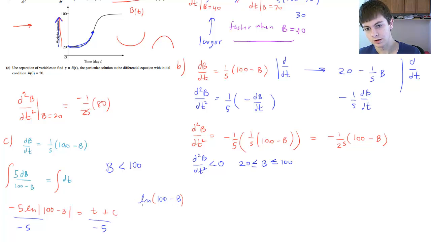And so ln of 100 minus b equals negative t over 5 plus some other constant, c sub 2, since you're dividing by negative 5.